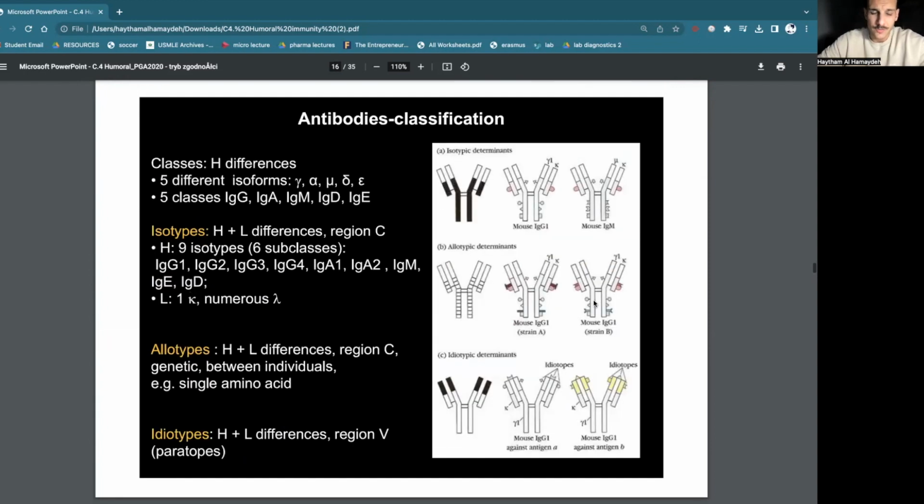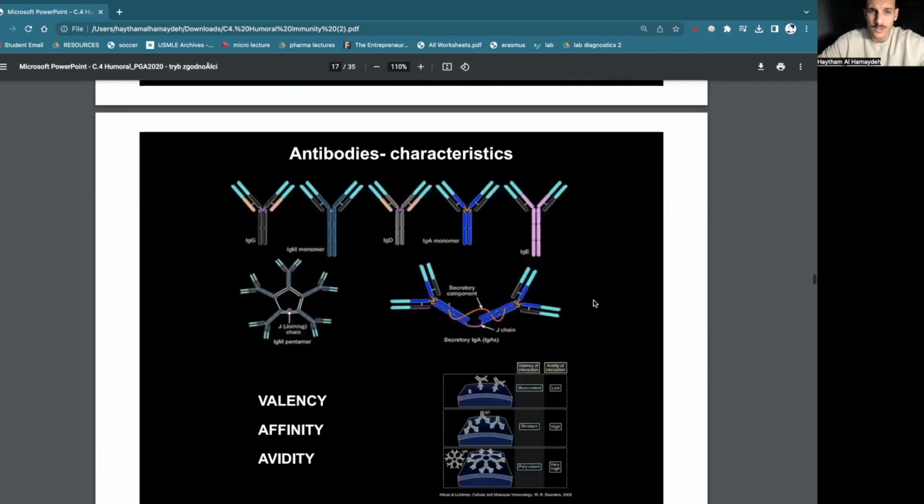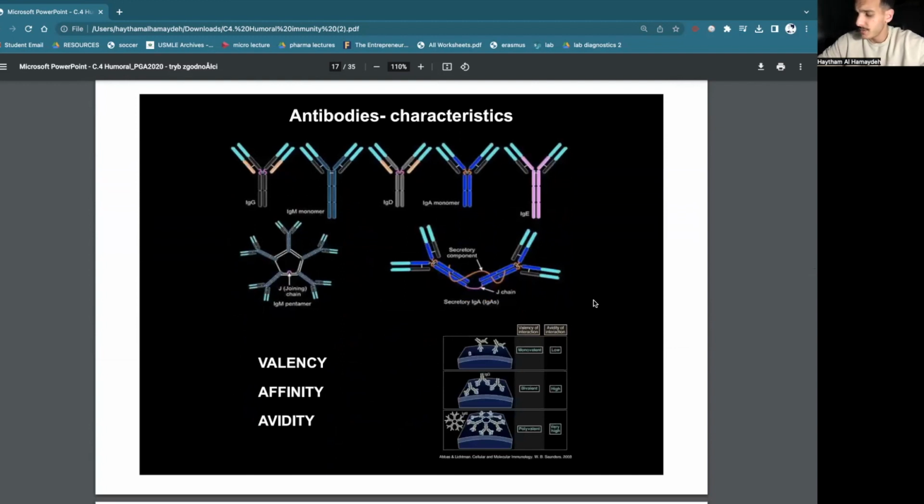I think these are just facts. You can just go ahead and look at it. What is valency? What is affinity? What's avidity? Valency: how many are bound to antigens at the moment. It's the measure of how many antibody-antigen complexes are present at the moment.